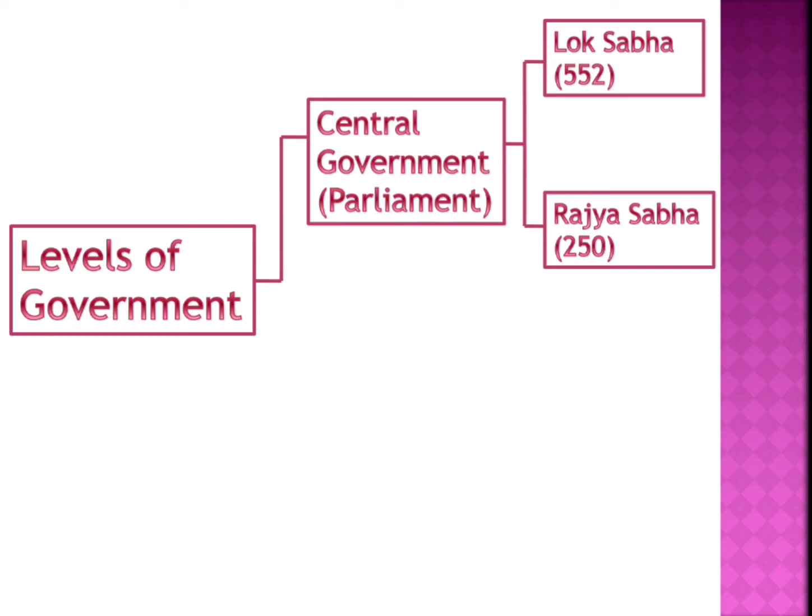The executive, that is nothing but the president, prime minister, and the council of ministers make sure that everyone is following. What about when someone breaks that law? Then the Supreme Court, the judiciary, the highest judiciary of the country, will be punishing the people who are not following that law or who are breaking that law.